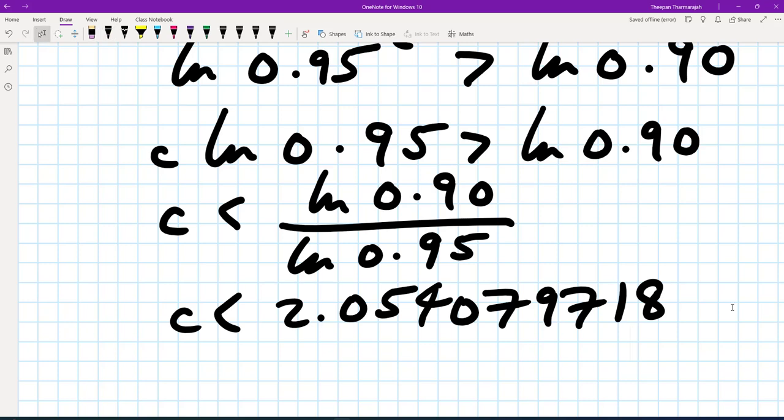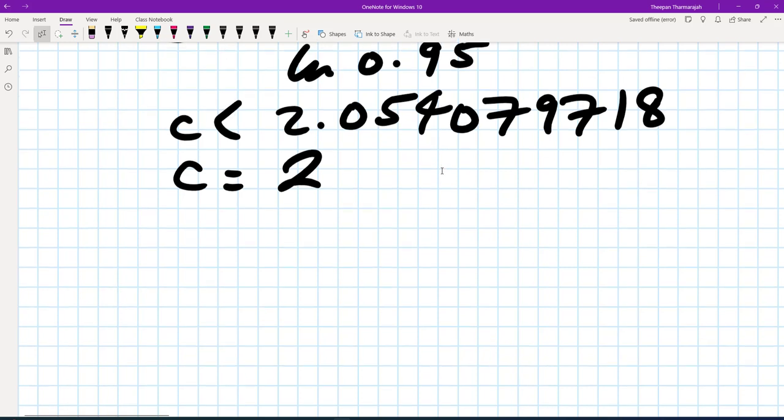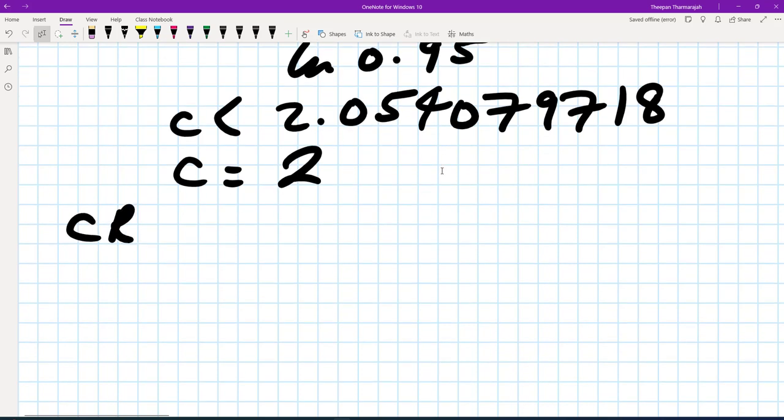So c is less than 2.05, so we can say c is going to be equal to 2. Therefore, the critical region is X less than or equal to 2.